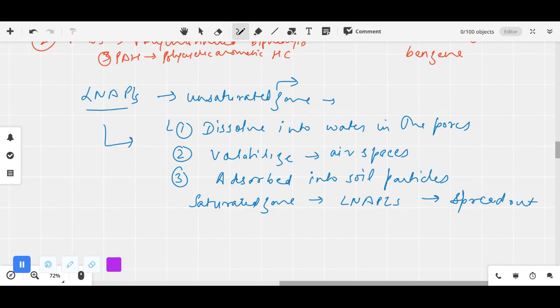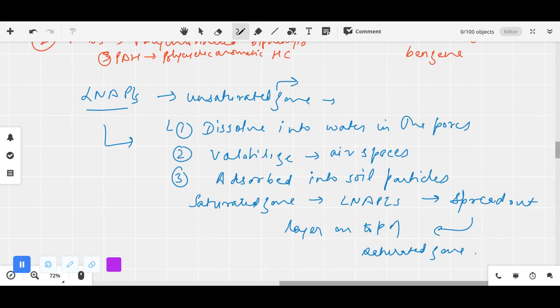They are not going to dissolve and they spread out to form a layer of contaminant floating on the top of the saturated zone. All right. So it was about LNAPLs.